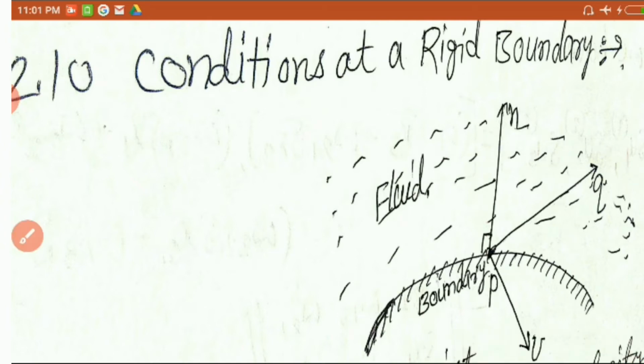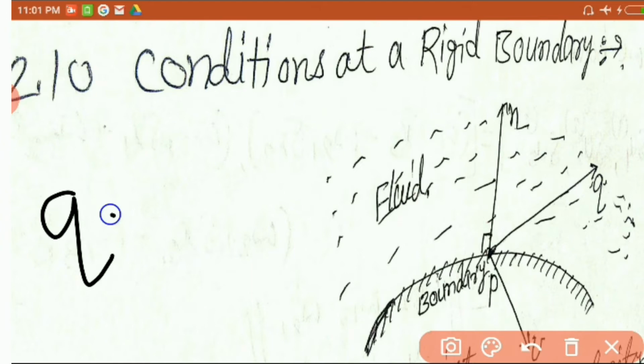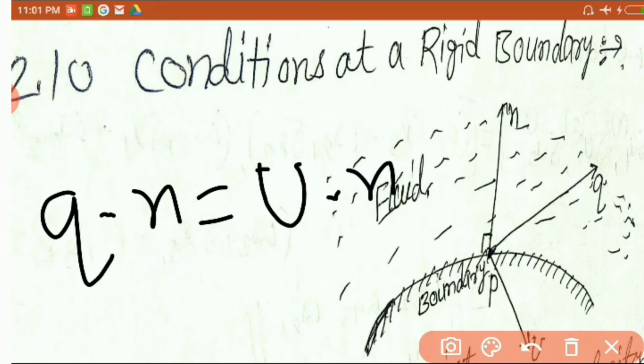we must have the two normal components equal, and that is q dot n is equal to U dot n. In the case of inviscid fluid, this is the only condition, and for viscous fluid in which there is no slip, the tangential components must also be equal.